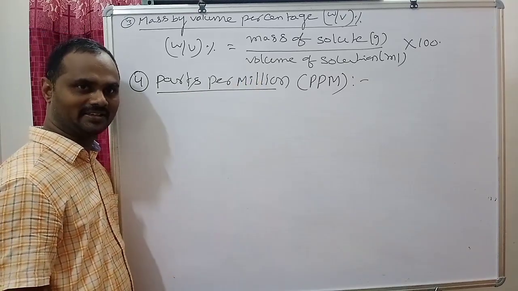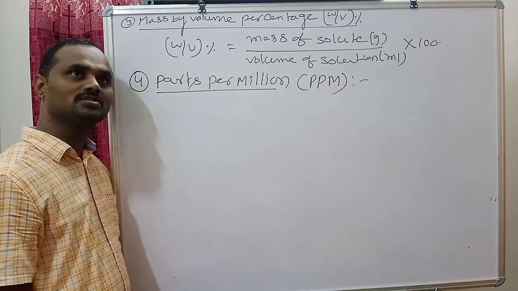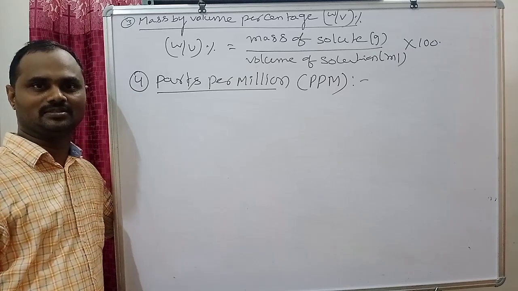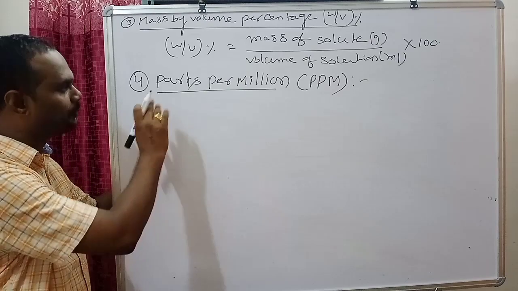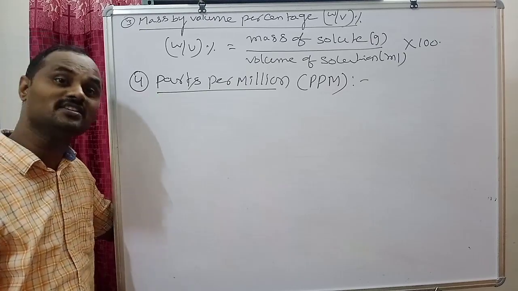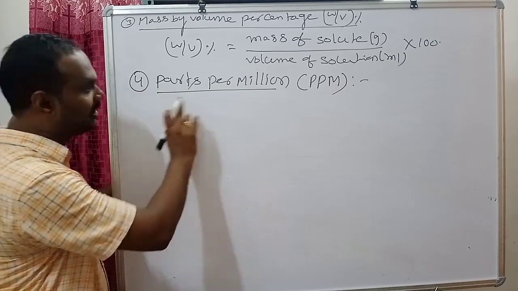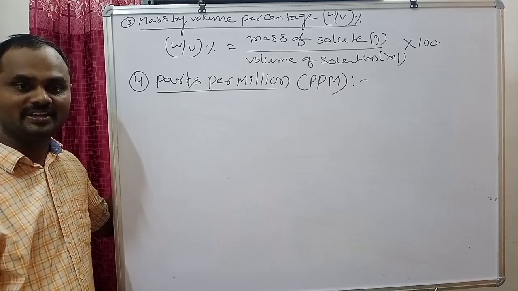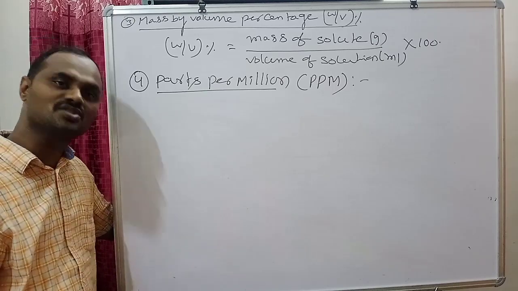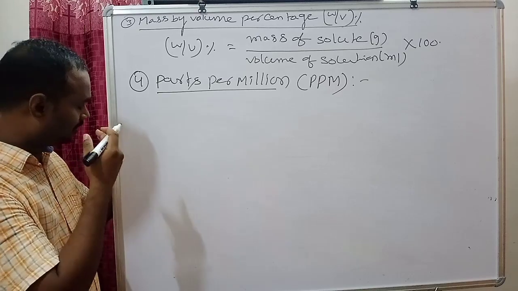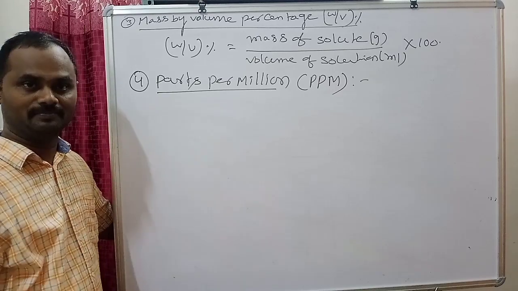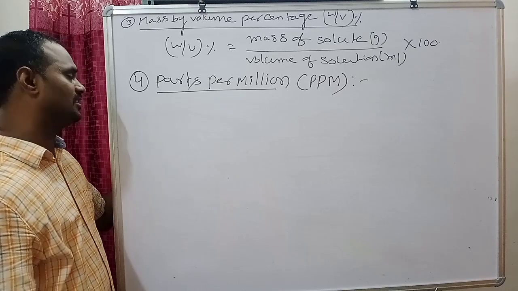Suppose air pollution, to measure poisonous gas percentage in air, we use ppm. Hardness of water to measure, we use ppm. In seawater, how much dissolved oxygen is present, that is also calculated using ppm.